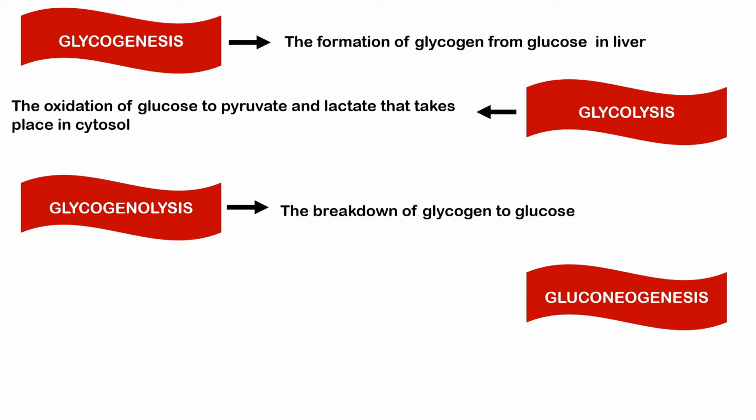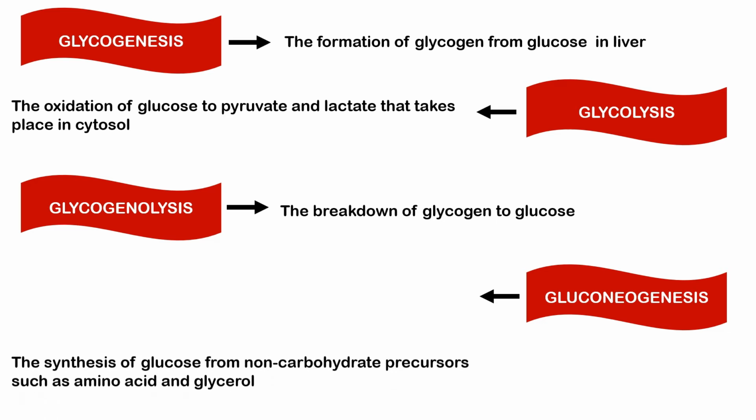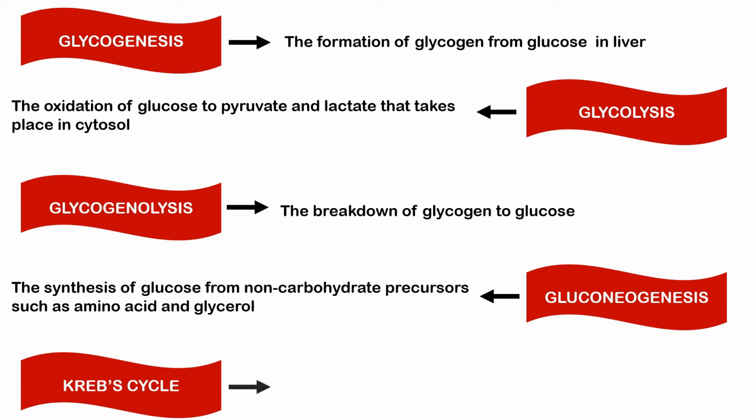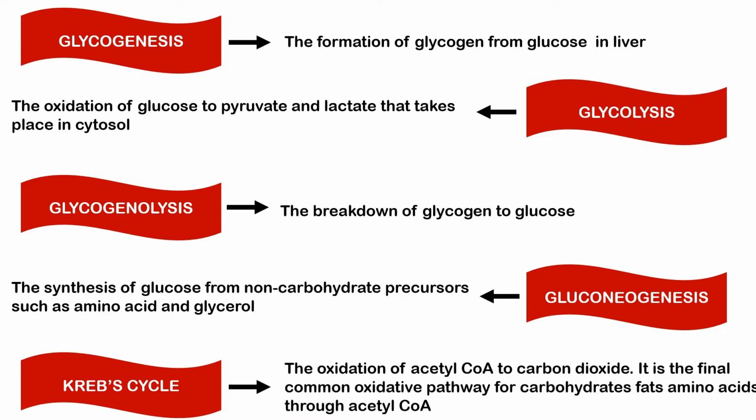The fourth one is gluconeogenesis, which is the synthesis of glucose from non-carbohydrate precursors such as amino acids and glycerol. And the last one is the Krebs cycle, the oxidation of acetyl-CoA to carbon dioxide. It is the final common oxidative pathway for carbohydrates, fats, and amino acids through acetyl-CoA.